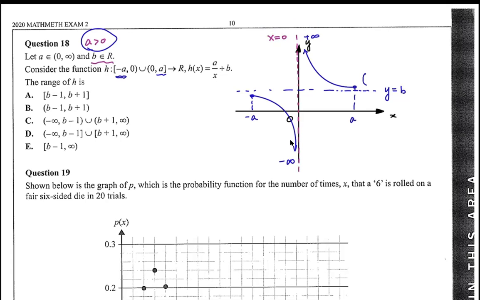If you substitute X equals A into this function, A divided by A is 1. So A comma 1 plus B. If you substitute X equals -A, you will get -A, B minus 1. Looking at the Y values only, you should see, okay, from negative infinity to B minus 1, then 1 plus B to positive infinity. Therefore, your answer should be D, okay?